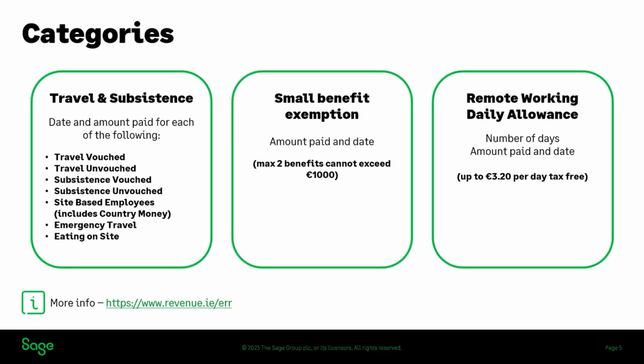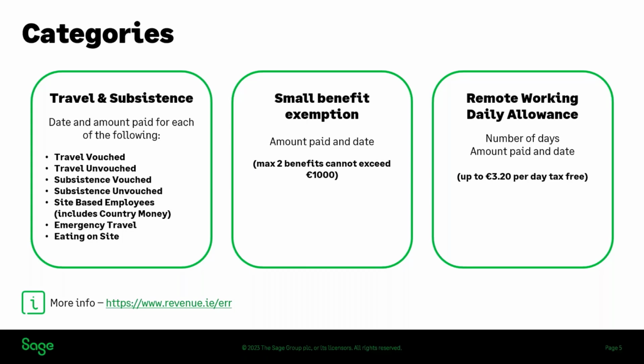So let's take a look at the specific categories that you need to report under enhanced reporting requirements. So there are three categories, the first of which is travel and subsistence. Now, for travel and subsistence expenses, you need to report the date of payment and amount paid for each of the following subcategories.